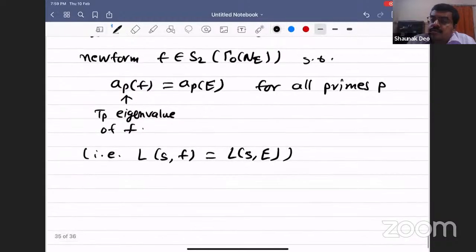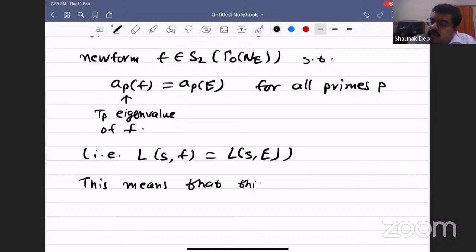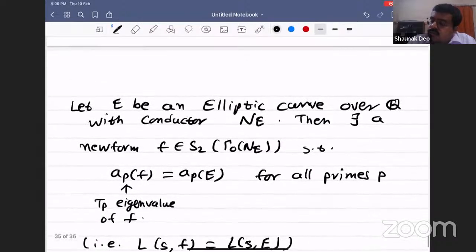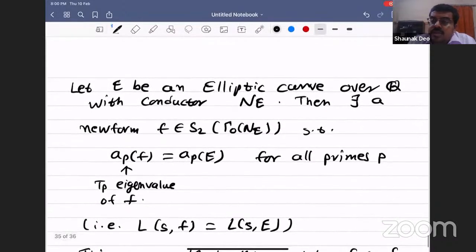And I would like to also mention a fact. This means that this modular form F has Hecke eigenvalues in Q. That is because the AP of F are the eigenvalues which generate all the Hecke eigenvalues, and that is equal to AP of E, which is an integer.